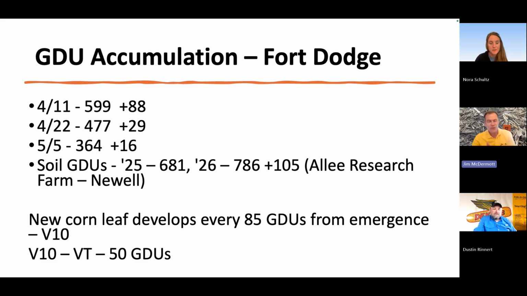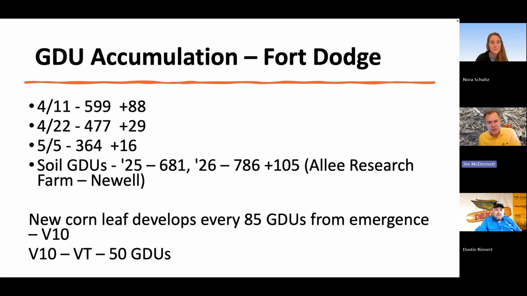Like I've always said, and others have said, above normal GDUs before reproductive stage is almost always a good thing. So it's nice to see us running ahead. And then on the soil GDUs, Nora had mentioned it. She's going to get into a few more details, but I did check this morning at the Alley Research Farm at Newell.